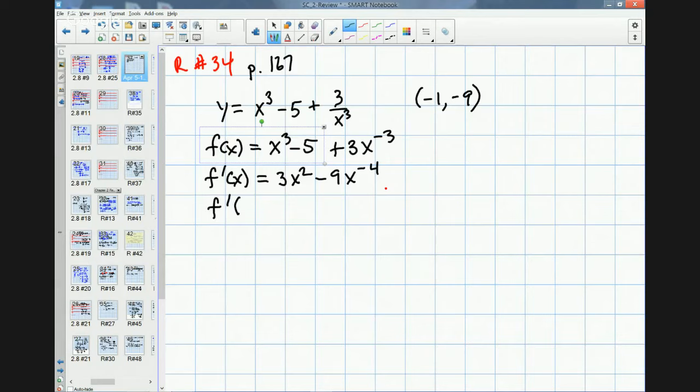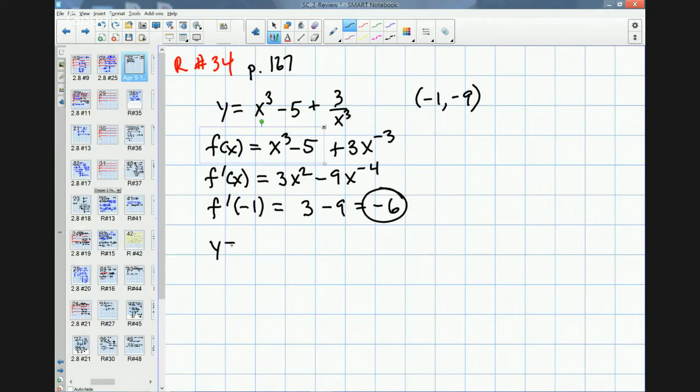What's f prime at -1? -1 squared is 1. 1 times 3 is 3. This is -1 to the 4th power, which is 1, and that's on the bottom. -9 over 1 is -9. Actually, this looks a lot like that one we just did on the test. I think it might be the same one. Anyway, we now have our slope.